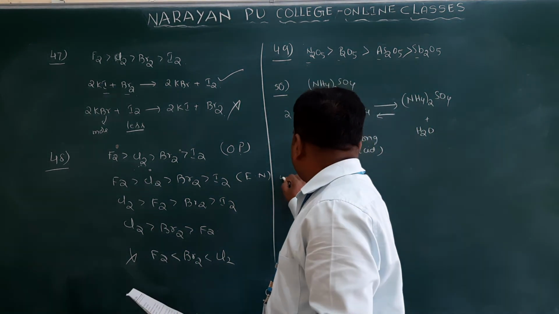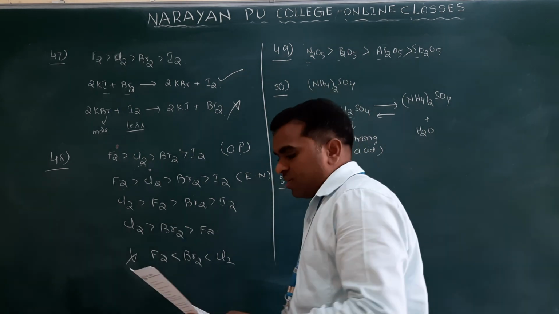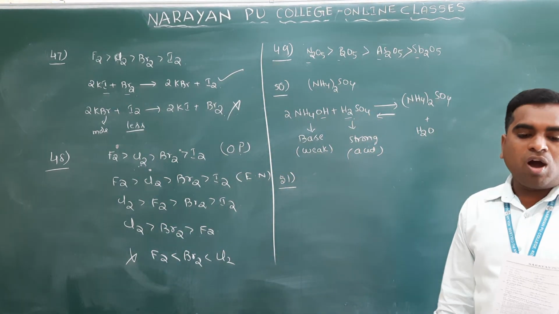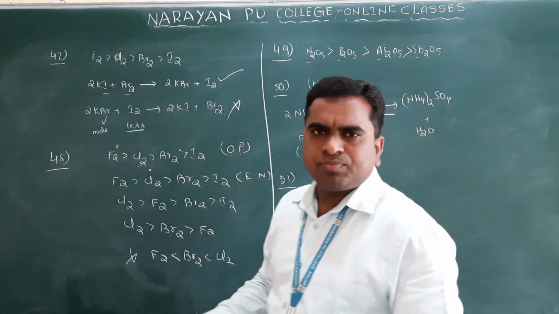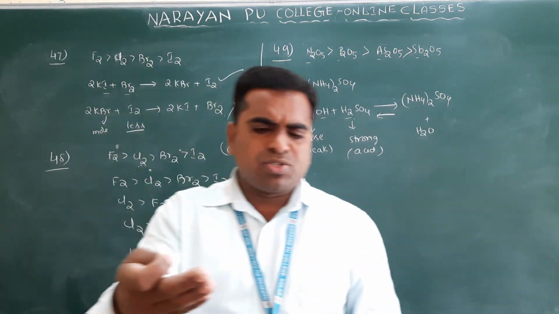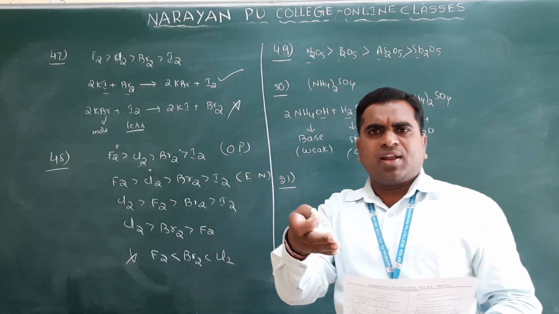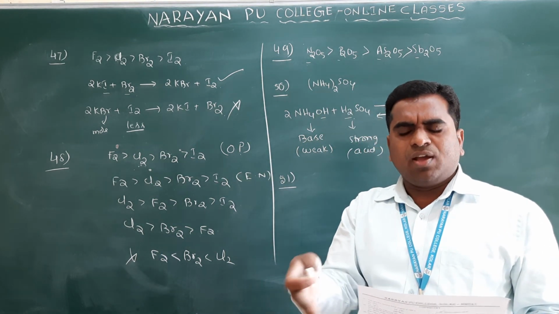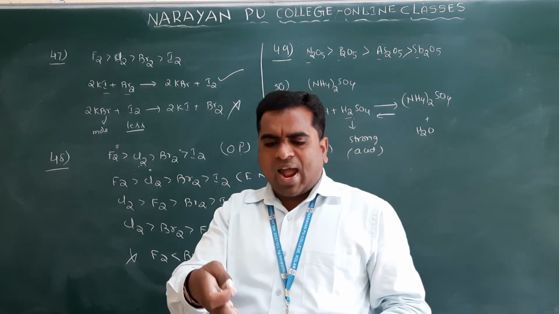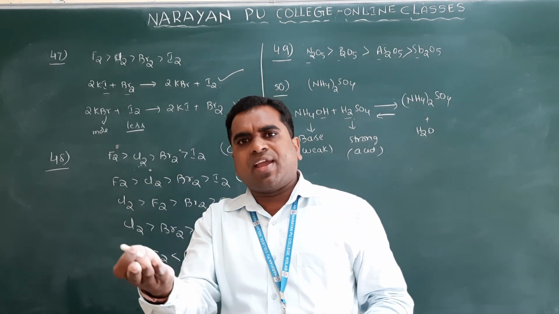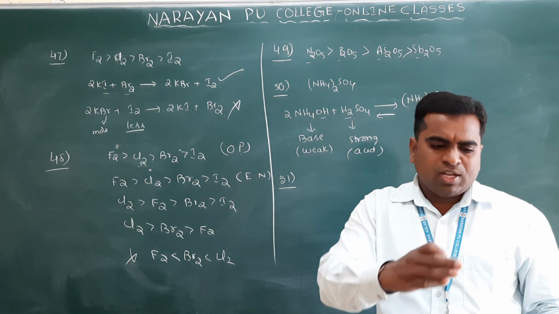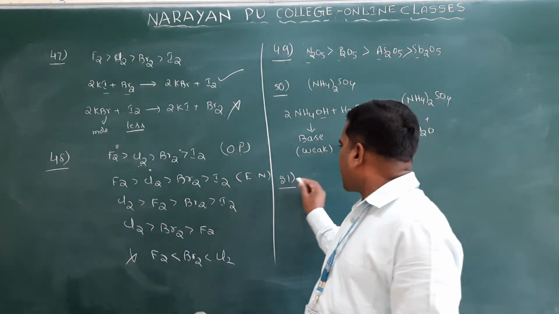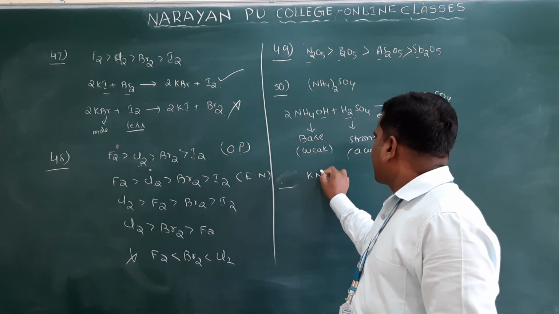Clear? Next one, coming to question number 51. If you see superphosphate of lime, lime means calcium will come here. Calcium hydroxide is a strong base, and phosphoric acid is a strong acid, so it is neutralization. If you take potassium nitrate, what is the formula?